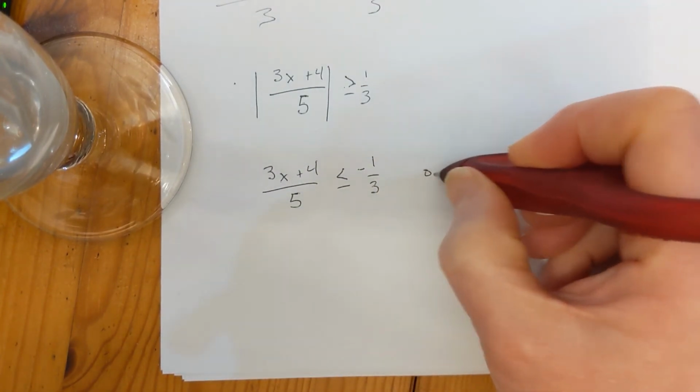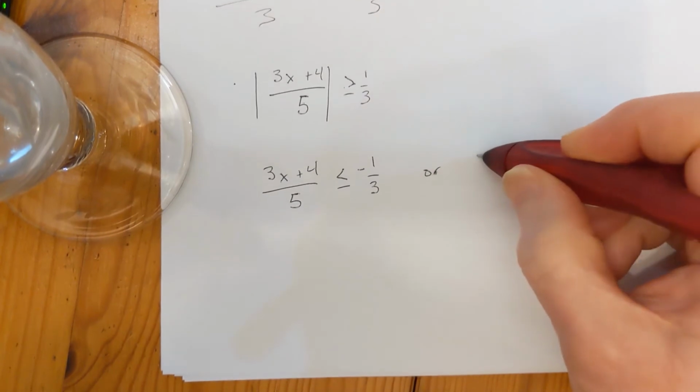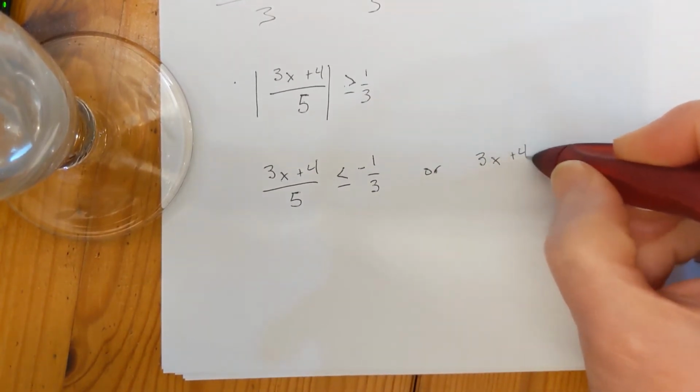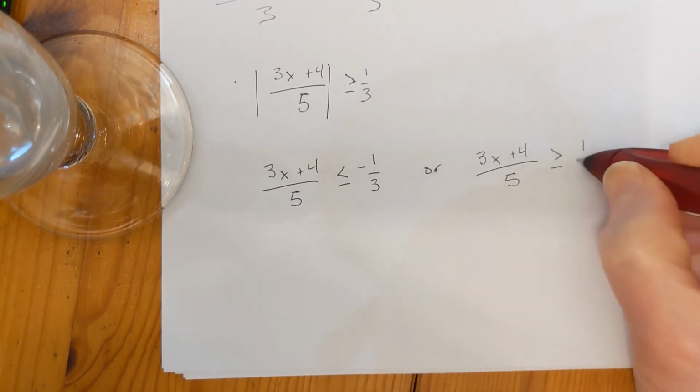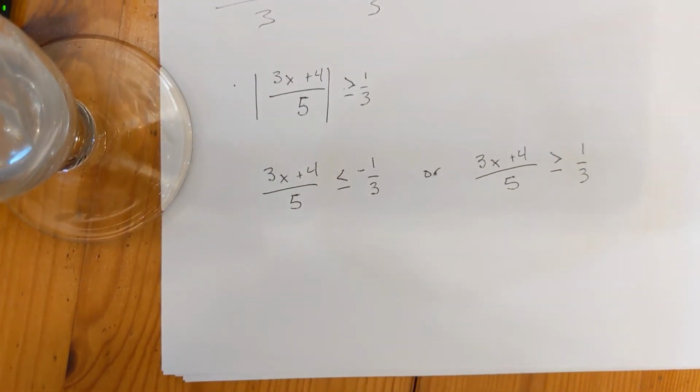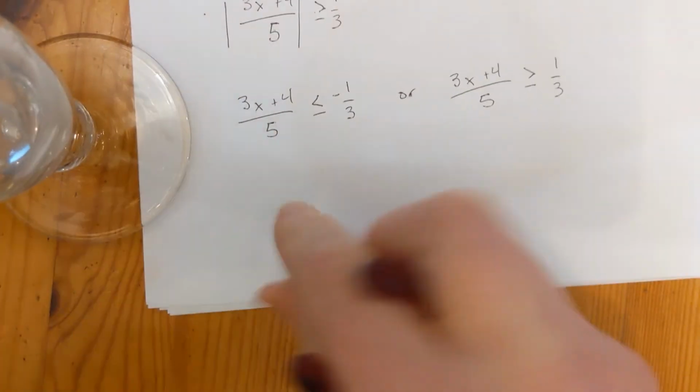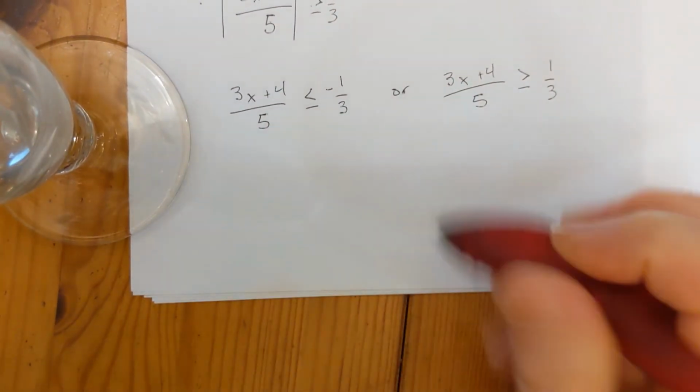So that's one solution. Or it's going to be 3x plus 4 over 5 is greater than or equal to positive 1/3. That will be my other set of solutions.